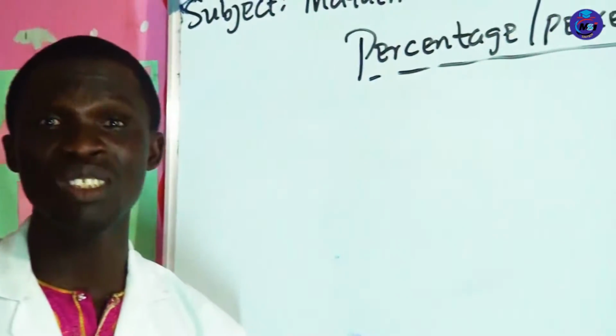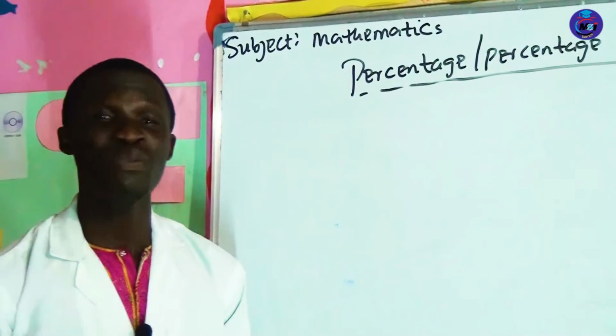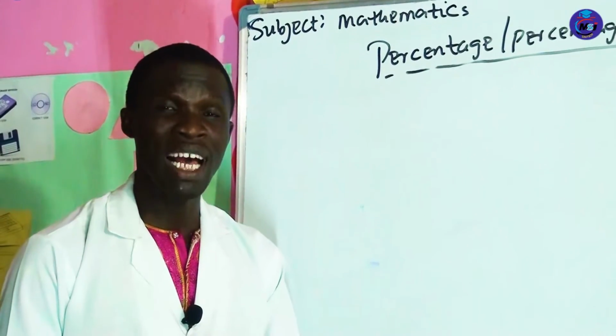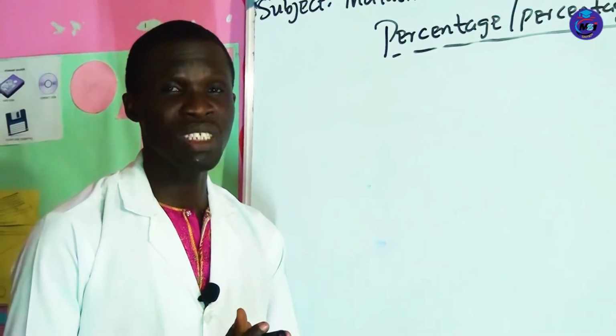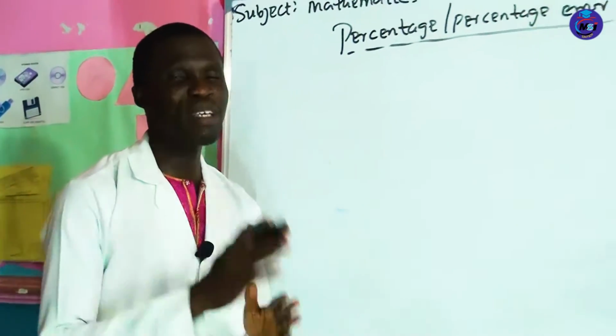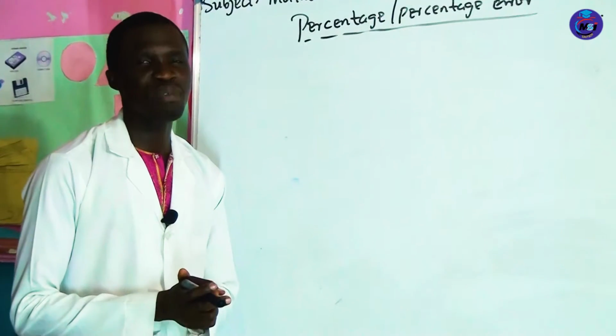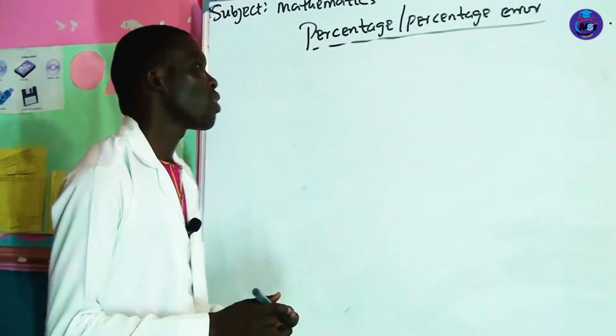So what is the error? It's 10. So we want to look at percentage error. This is mathematical class and we need to put it in a mathematical way. So let me give you an example of this percentage error.